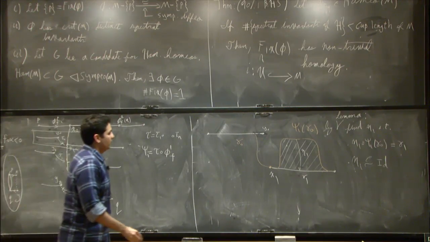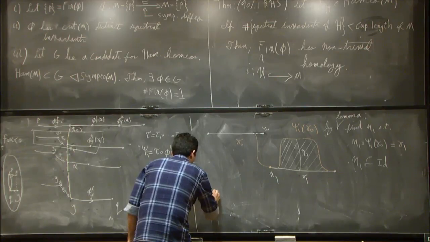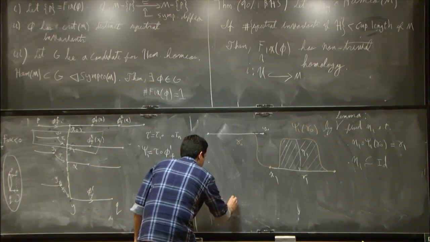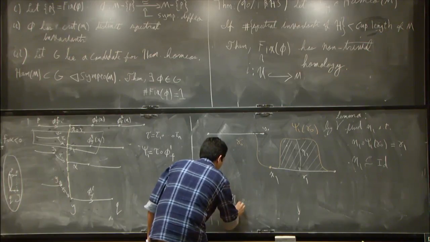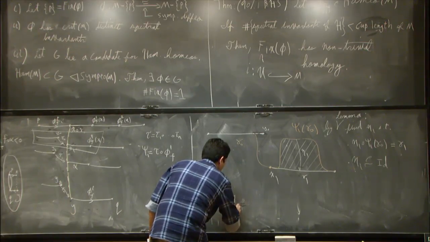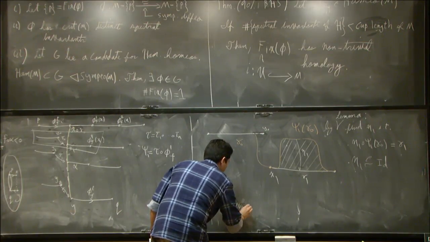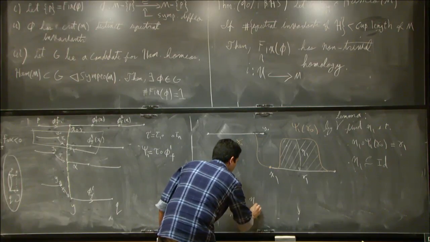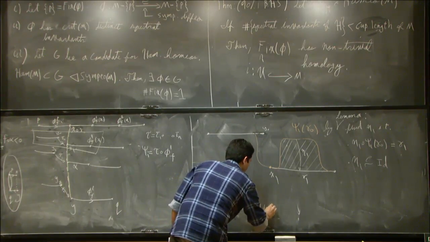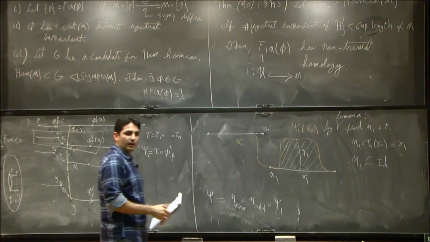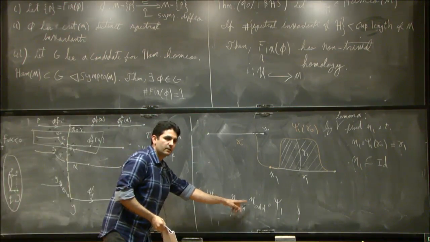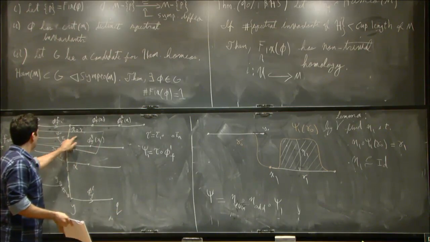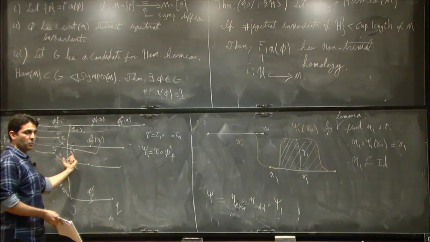And then I'll let psi be, so you might be tempted to say let it be eta 1 composed with eta 2 and so on, but that doesn't work. So you let it be eta even, the composition of the even ones, with the composition of the odd ones, and then with psi 1. And then that produces something that has an invariant curve. The reason for this is the support of eta 1 might intersect the support of eta 2.